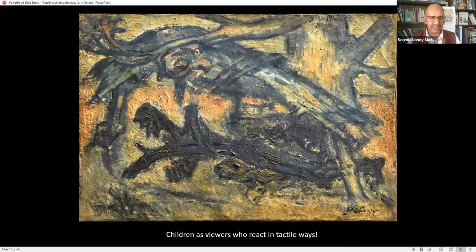I have never come across so far a single child who doesn't make any attempt at interpreting a work of art. And they don't care whether that interpretation matches the original or intended meaning or not.